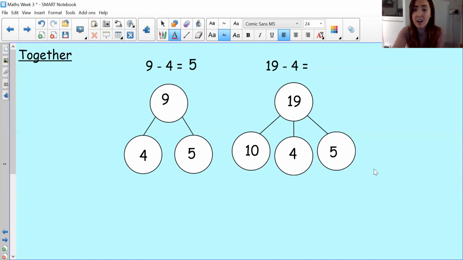And then just like last time, we are taking 4 away from 19. So that just leaves us with 1 10 and 5 ones, and that equals 15. And again, we can see that 9 take away 4 equals 5, and 19 take away 4 equals 15. So again, those ones are the same. Well done if you already noticed that before we even worked it out.